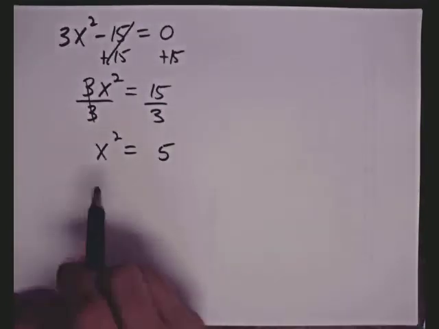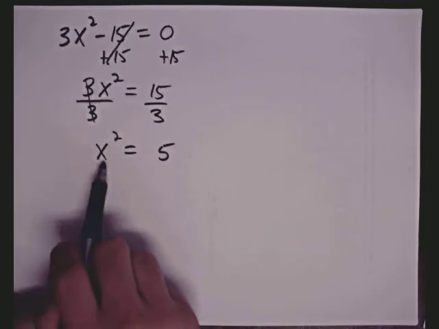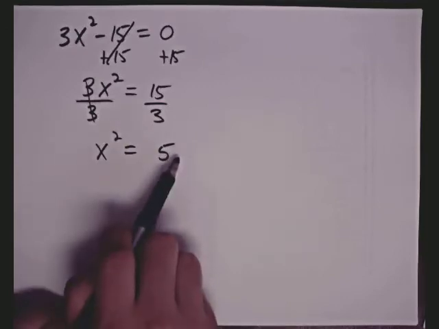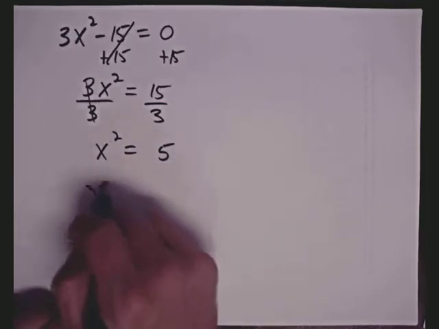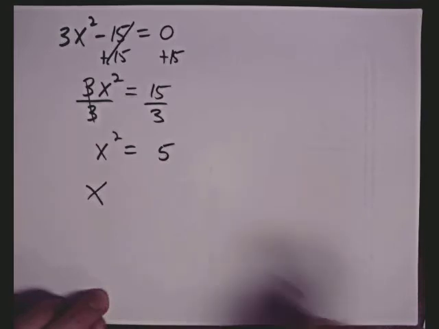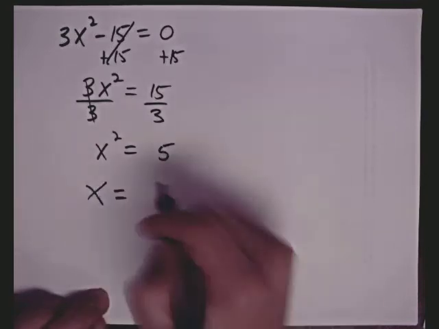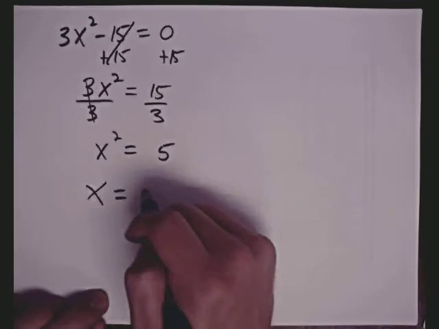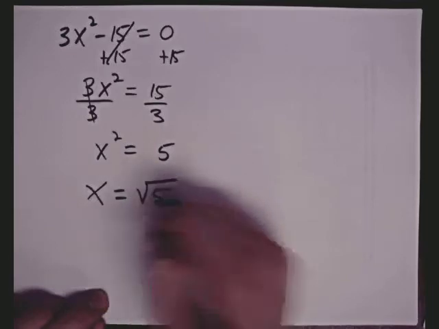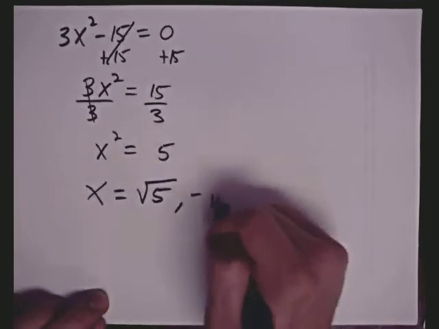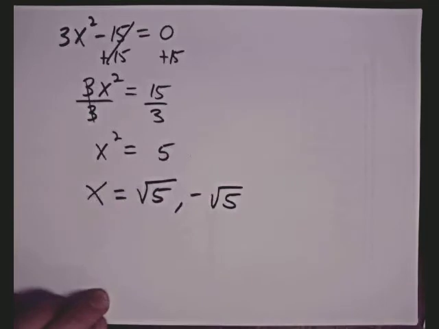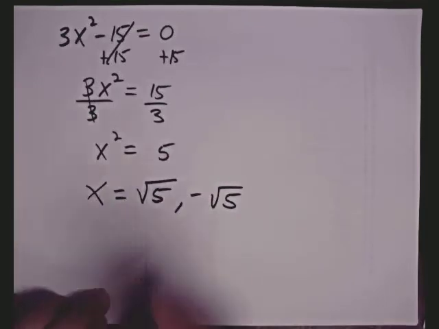The square root property says if you have something squared equaling a number, then x will equal two things: the positive square root of 5 and the negative square root of 5.